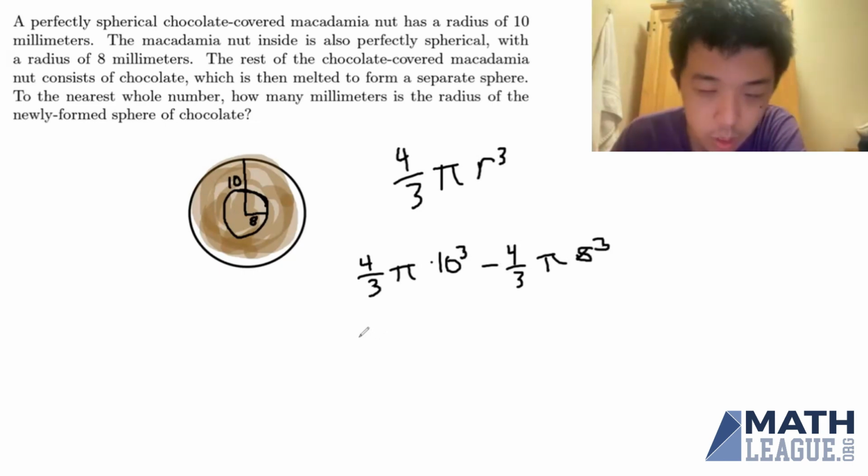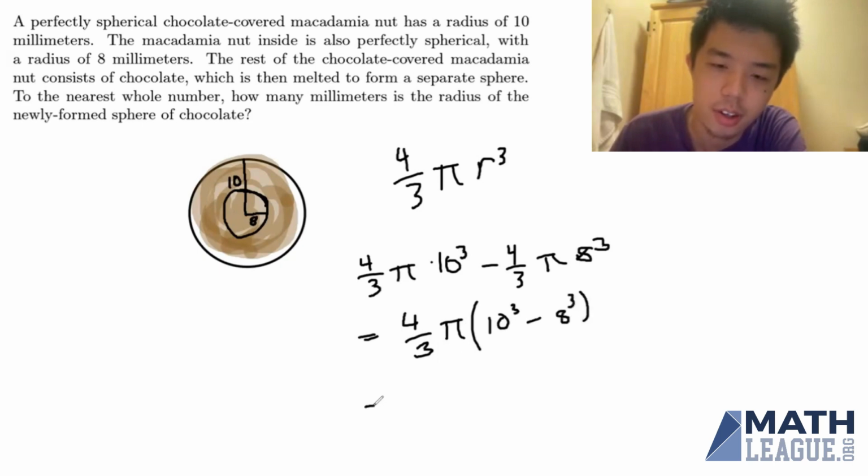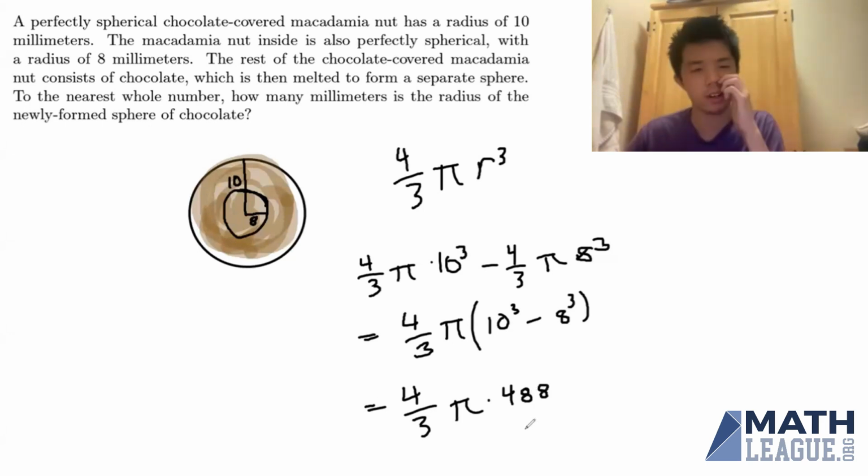And you can just use the distributive property on this difference, and you get 4/3 pi times 488. That's 10 cubed minus 8 cubed.